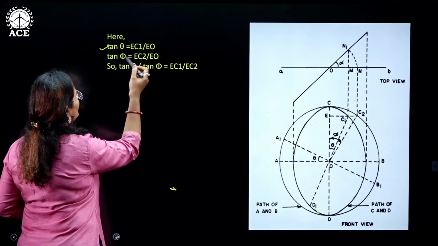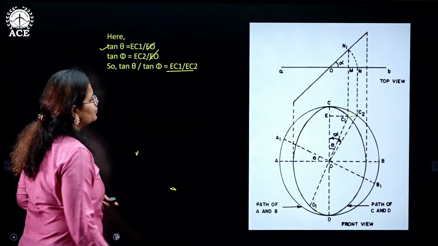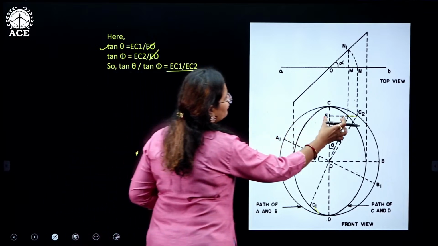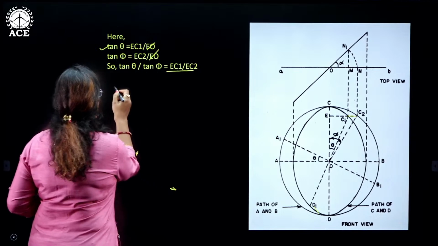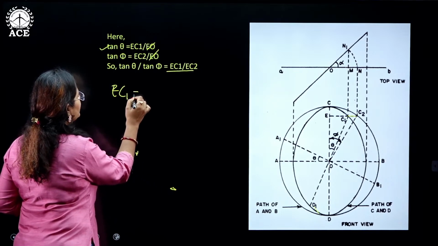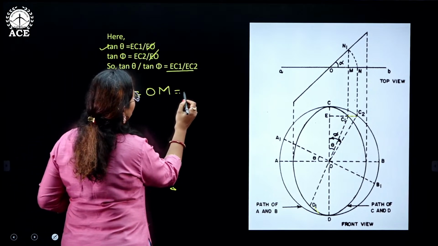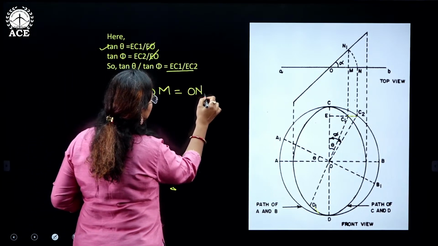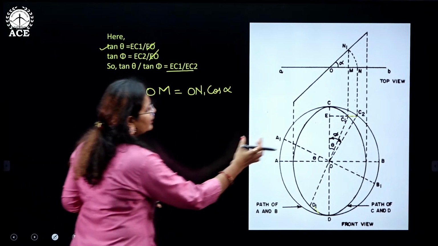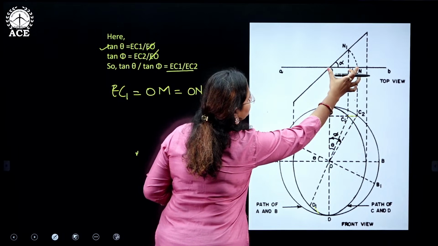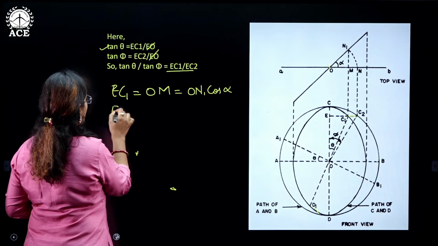When tan theta by tan phi, if I take, EO and EO get cancelled, so they become EC1 by EC2. But EC1 here, if I see, is projecting the point OM, right? So EC1 is OM. Now OM is again ON1 cos alpha. Now EC2 is ON. ON is equal to ON1.